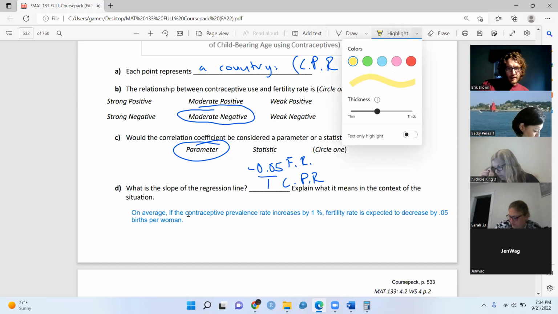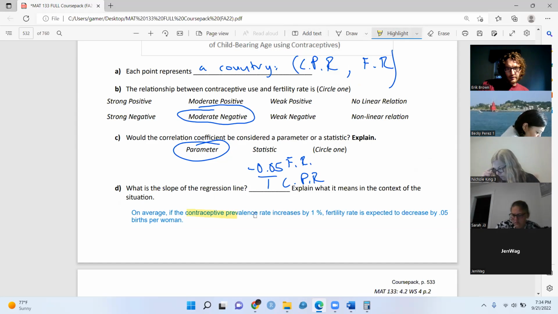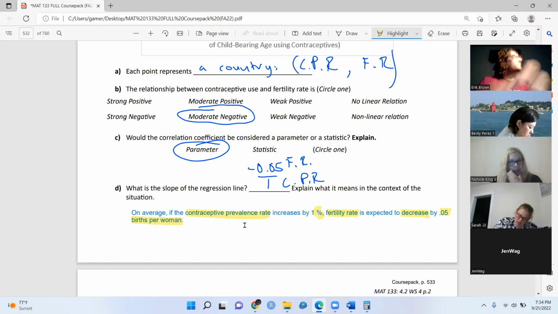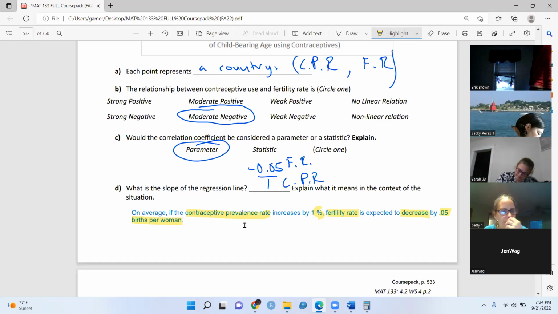So notice again that the parts that we added are this, this, this, this, and this. So, question.